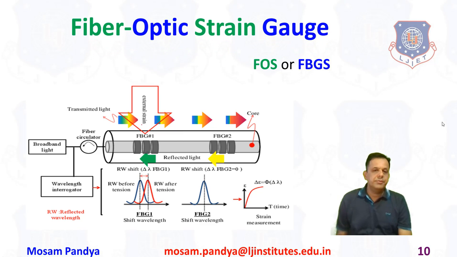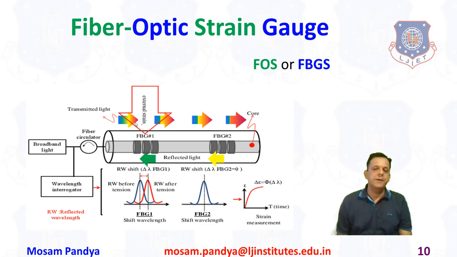The broadband light is inserted, and you see the application of external strain, this big arrow, and here the grating is now RW. RW is reflected wavelength, the reflected light from the core. See, this is transmitted light, say in the direction of these arrows, and the different colors in the arrow are looking like a rainbow, but it's not a rainbow.